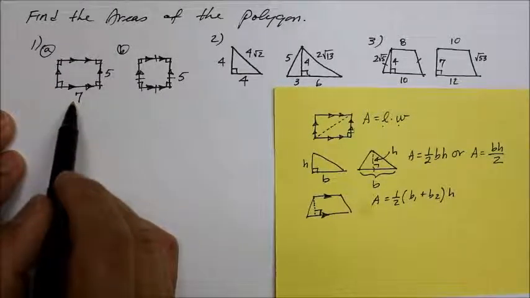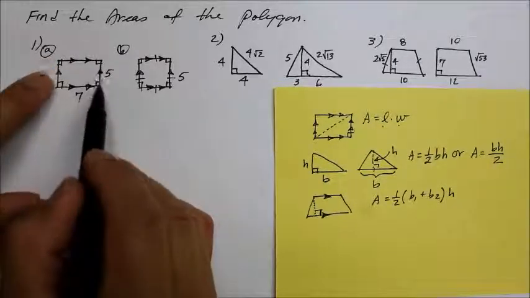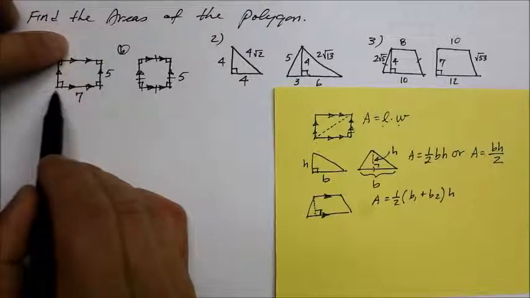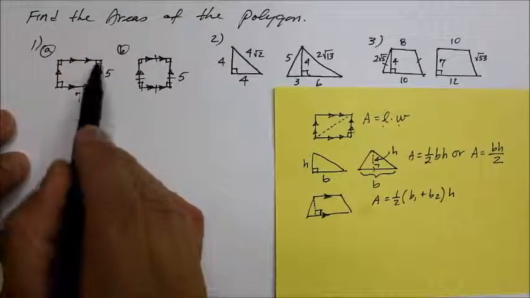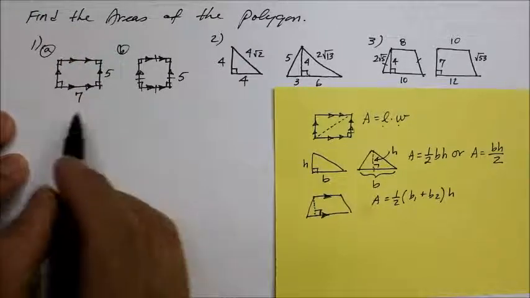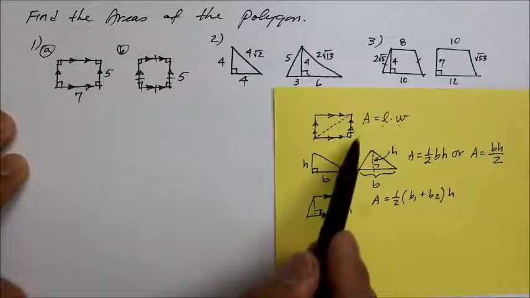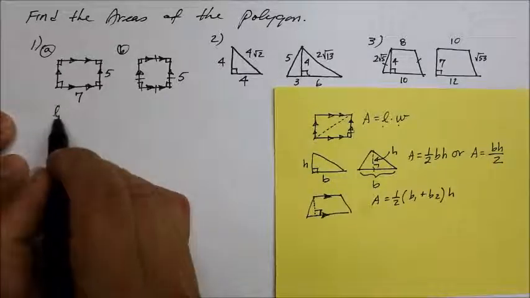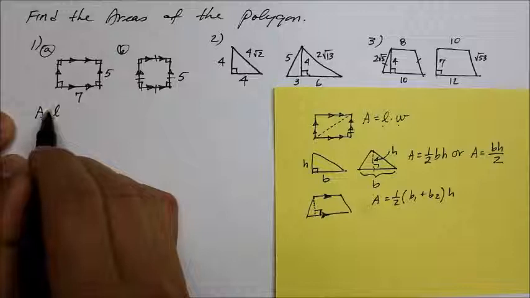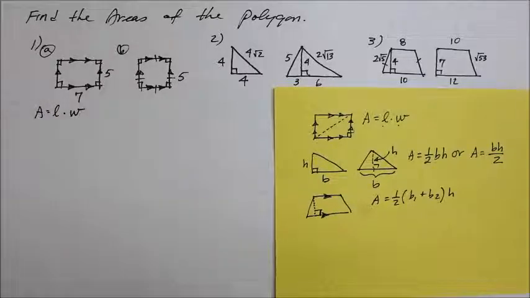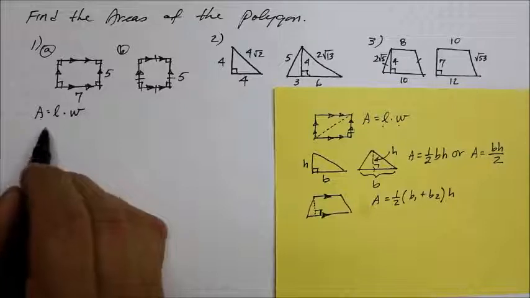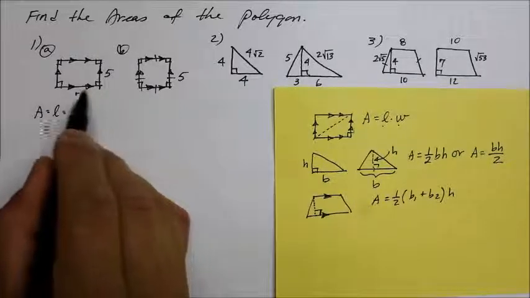Obviously, it's a rectangle because we have two pairs of parallel lines at right angle. So the formula we want to use is area is equal to length times width. Area equals length times the width. And in general, the length is described as the horizontal line.